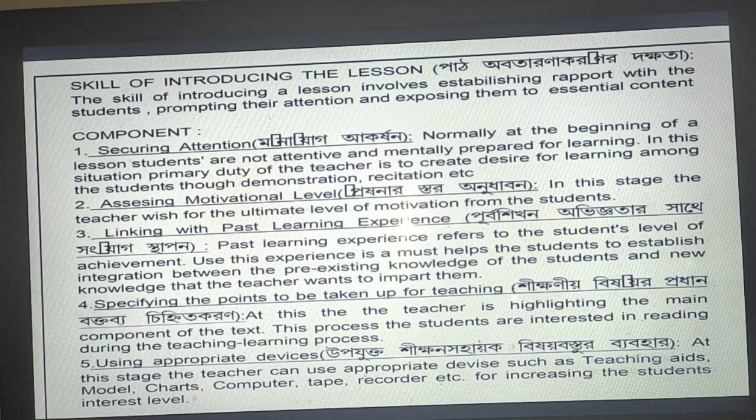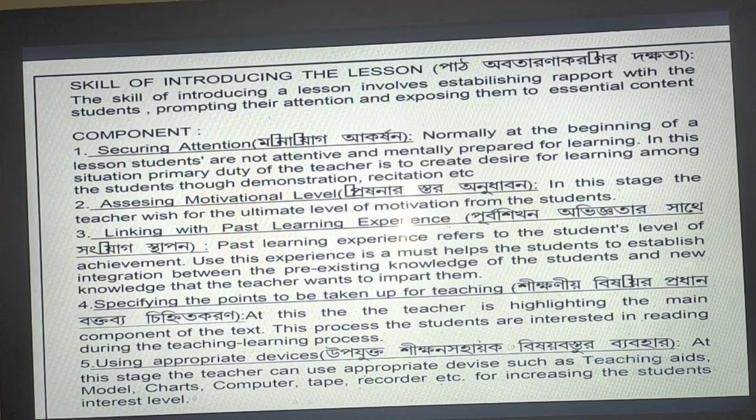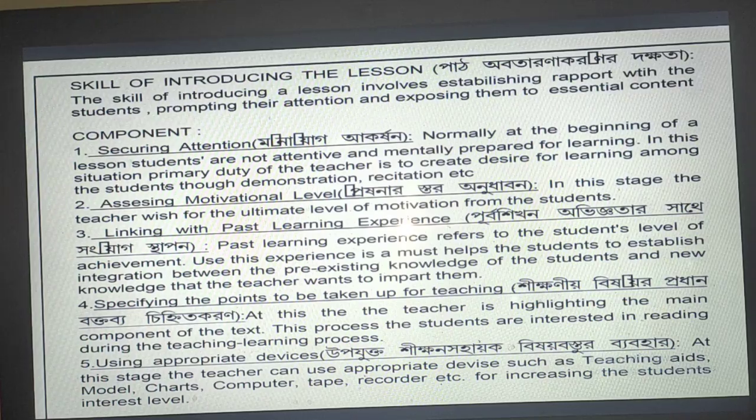Here, the teacher asks some questions on the basis of their previous experience. Through this technique, the teacher can create a bridge between past experience and present experience. That's why this skill is named link with past learning experience.